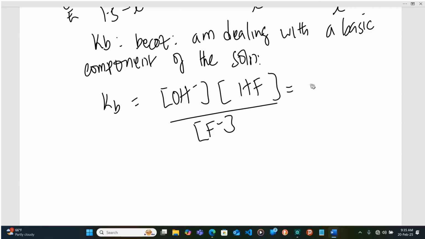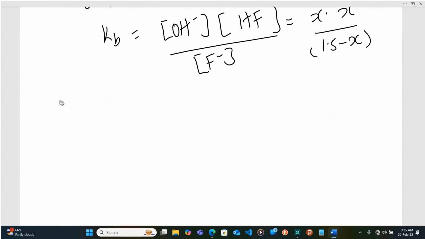For this, we have X for HF, and then for the fluoride ions, we have 1.5 minus X. Remember, we are given Ka for HF. So how do we determine Kb? We know that Ka times Kb is equal to Kw.